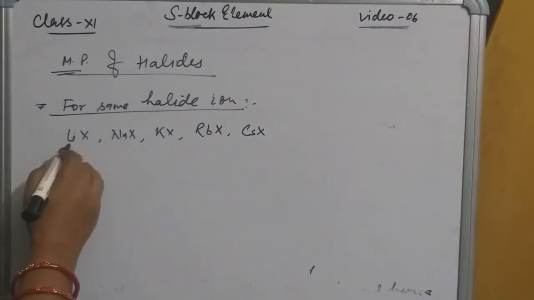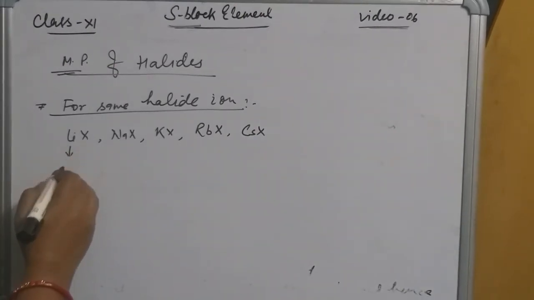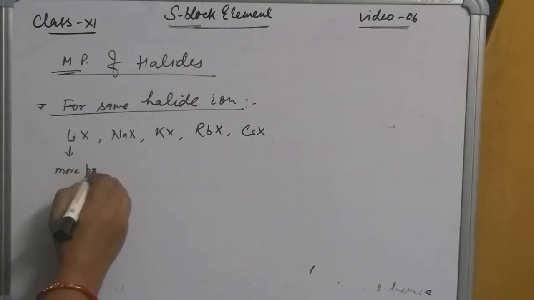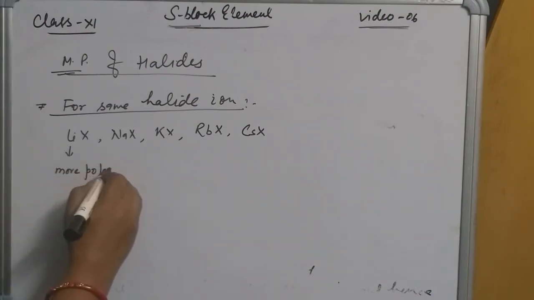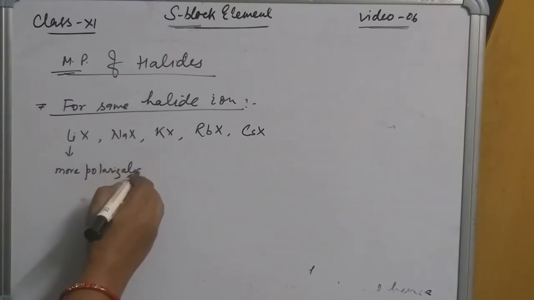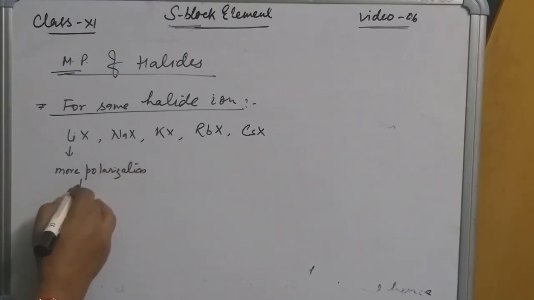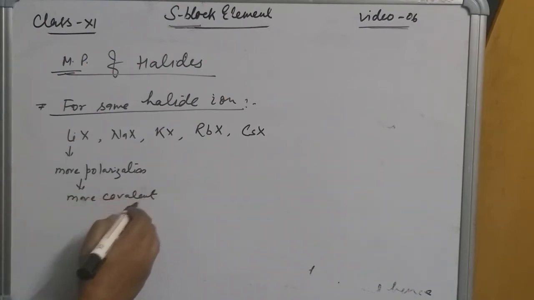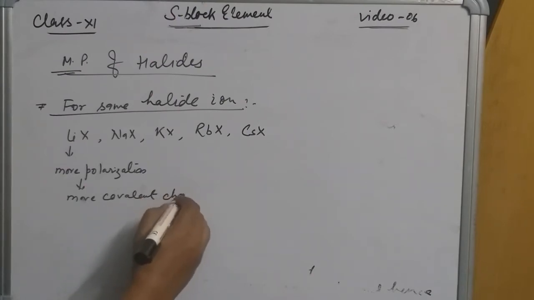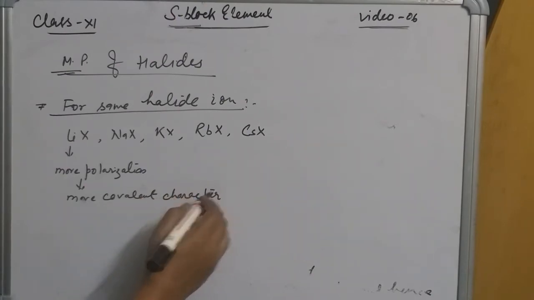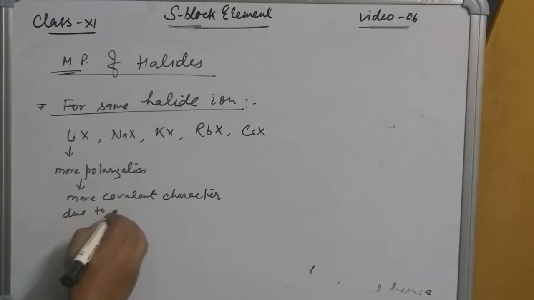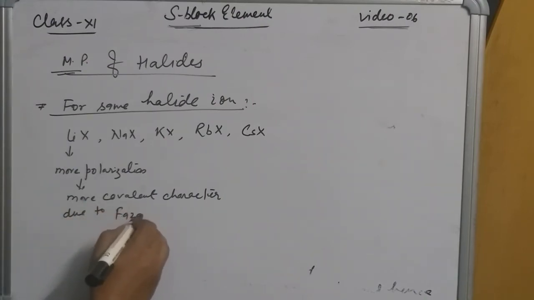Lithium is smallest in size, so its polarizing capacity will be more. More polarization means more covalent character, due to Fajan's rule.